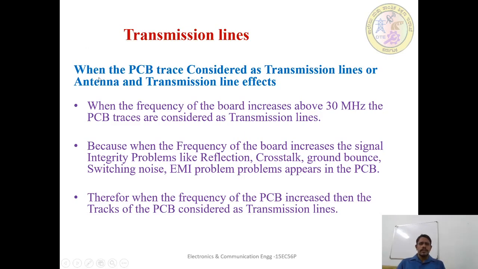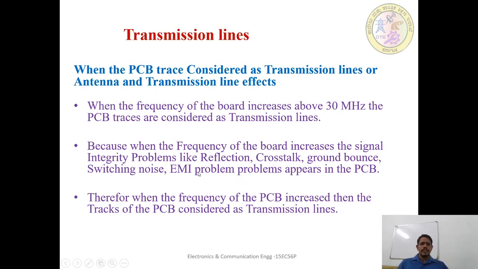Transmission line effects: when is the PCB trace considered as a transmission line or antenna? When the frequency of the board increases above 30 MHz, the PCB traces are considered as transmission lines, because when the frequency increases, signal integrity problems like reflection, crosstalk, ground bounce, switching noise and EMI problems appear in the PCB.